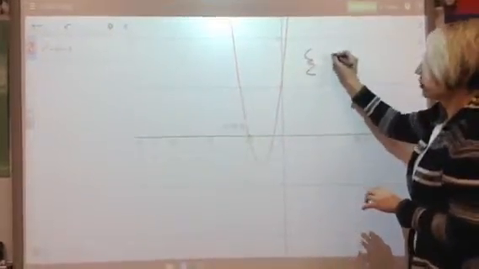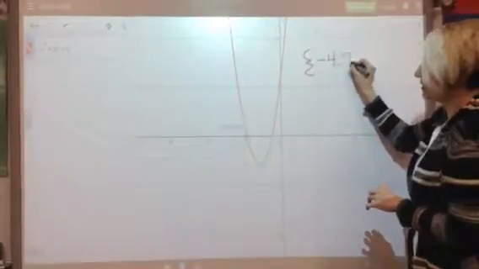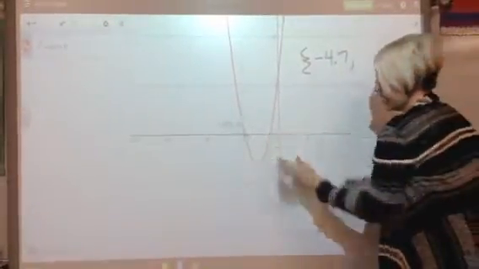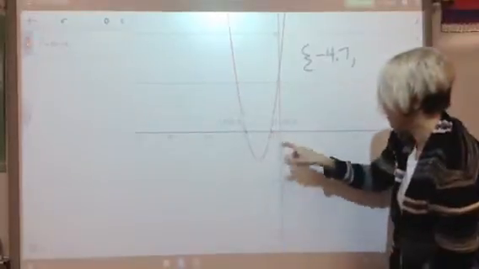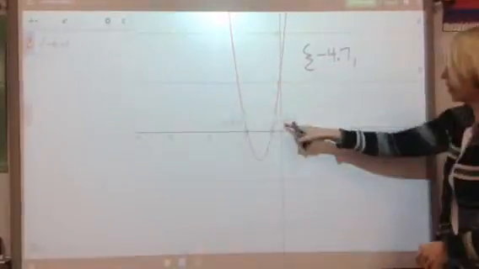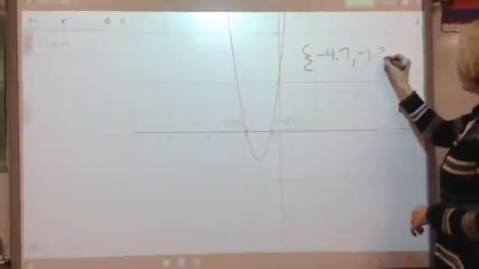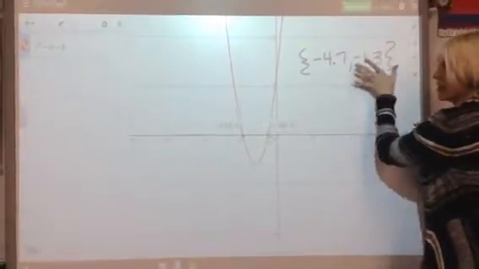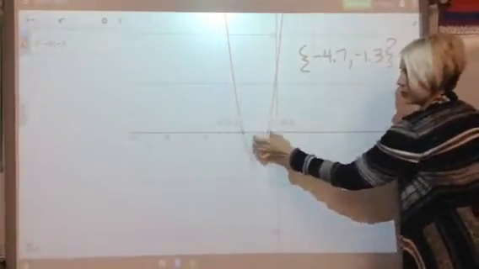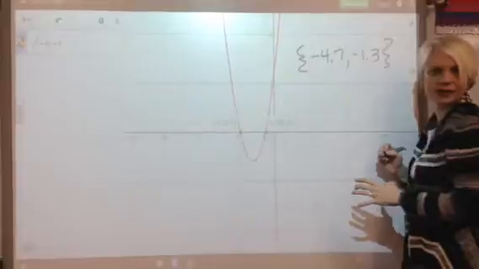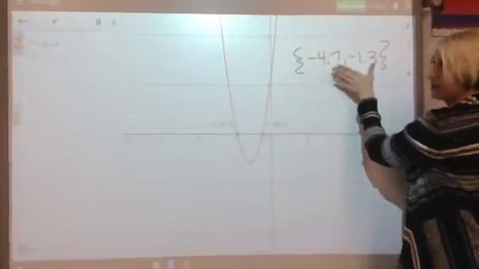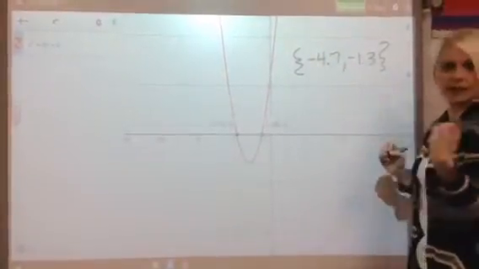So my first root is at -4.7 approximately. And then my second root, if I click here, is at -1.3. I just rounded to the nearest 10th. These are rational roots because they are not whole numbers, they're decimals. But it does have two roots. So you try the example in your notes.